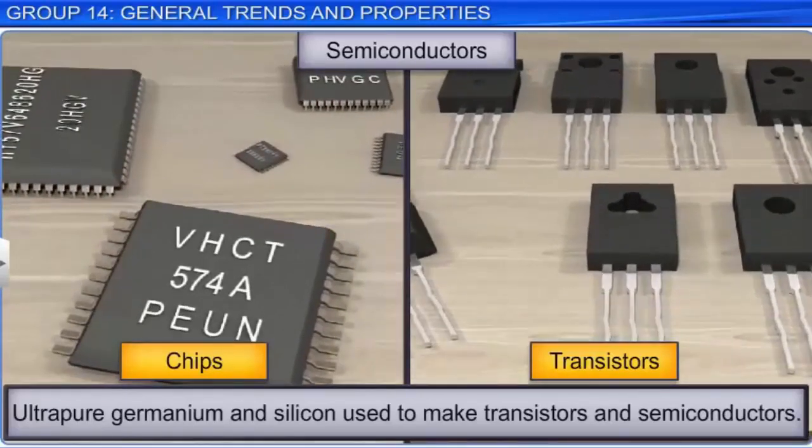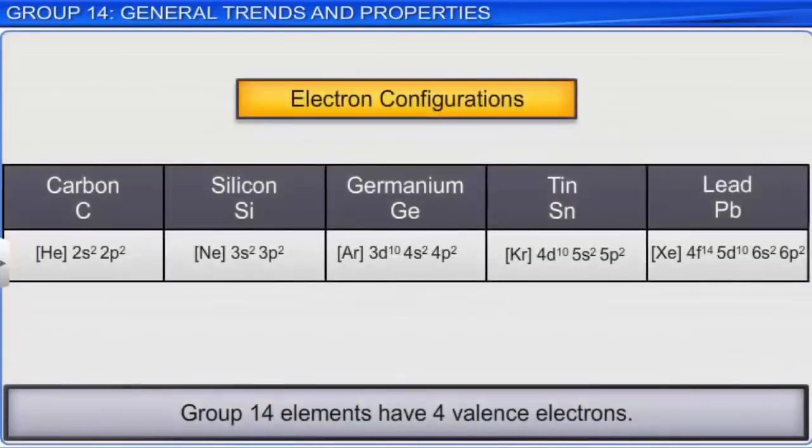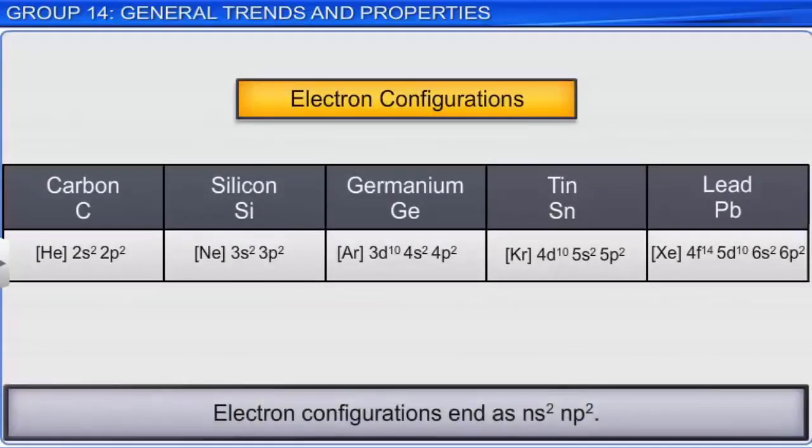All the group 14 elements have 4 valence electrons. The electron configurations of all of them end as ns2, np2. However, despite the similar valence configurations, their inner cores do vary down the column as the d and f sublevels become available.